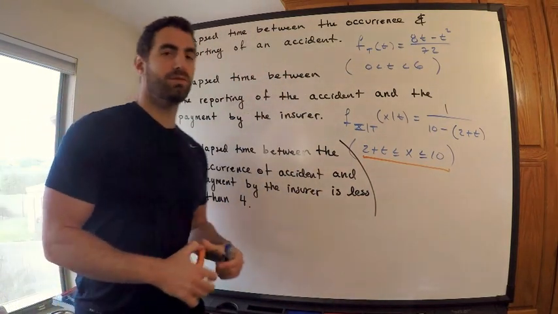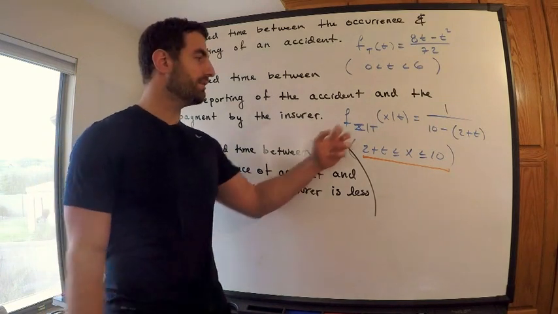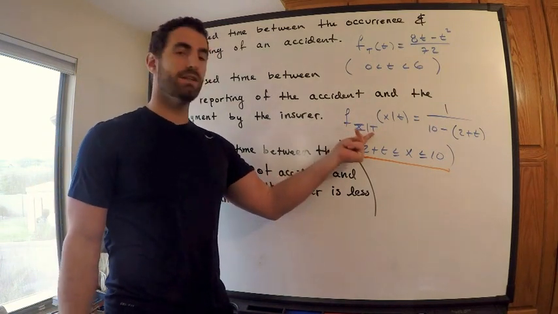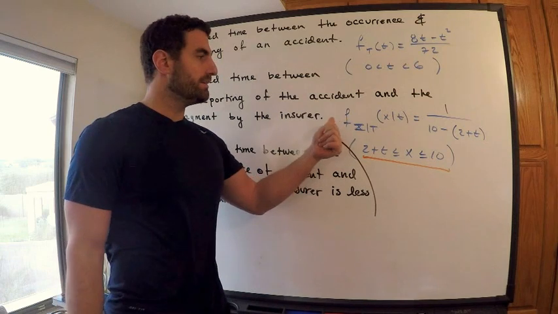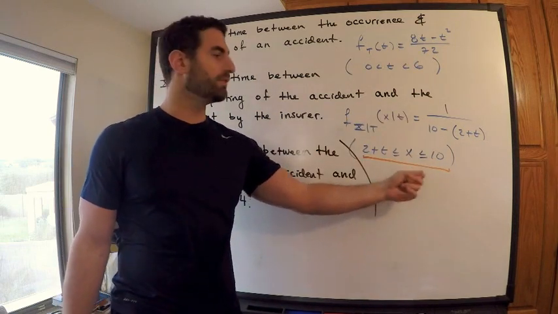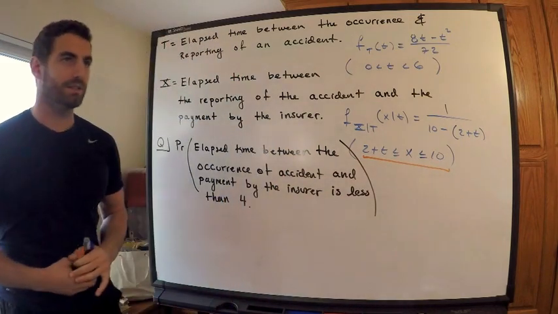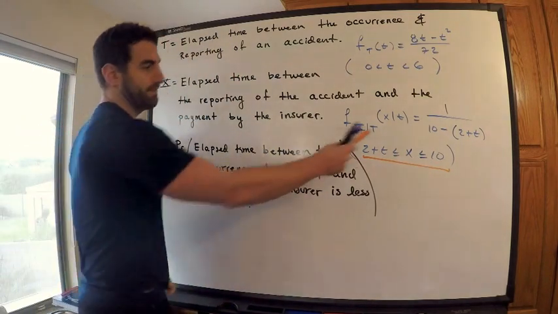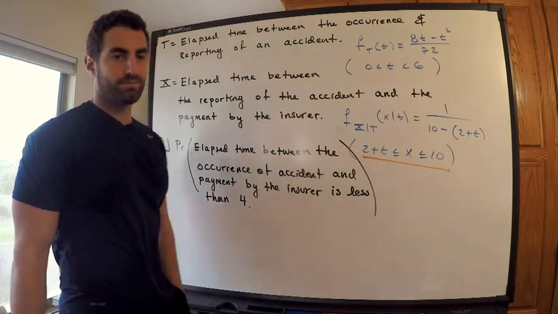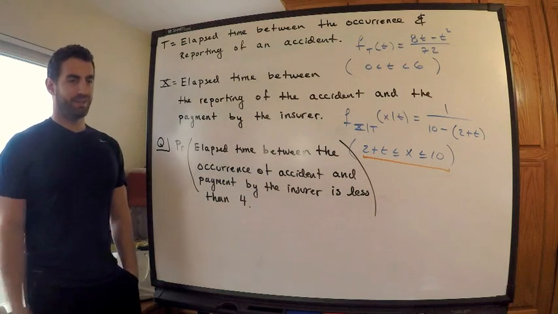Since it's uniformly distributed, you always take that to mean that the density function, again this is a conditional density, is given by 1 over the length of the interval. So 1 over 10 minus (2 plus t). That's sort of implicitly given, and you need to extract that information from what they give you in that sentence.